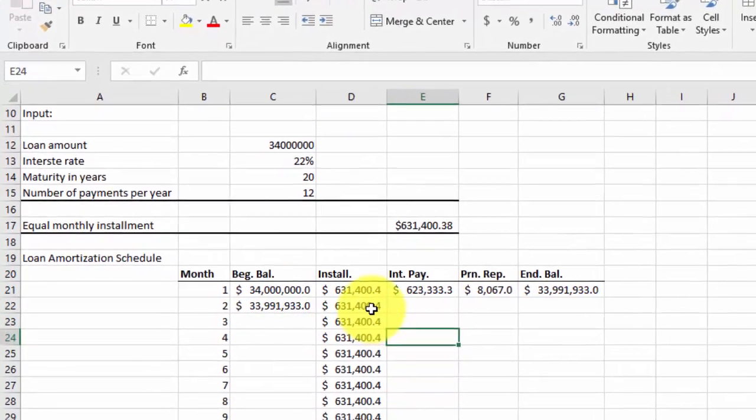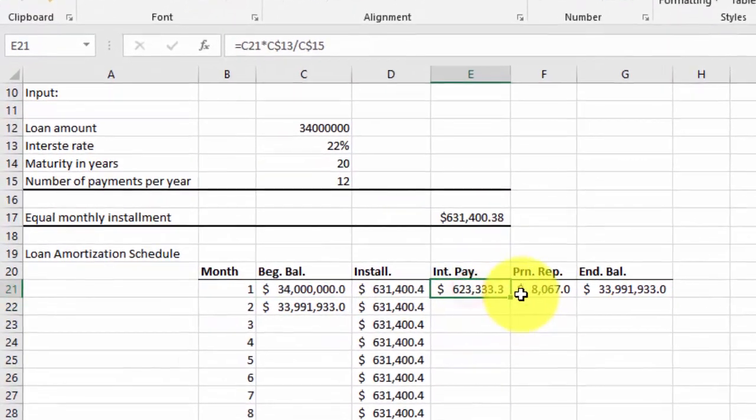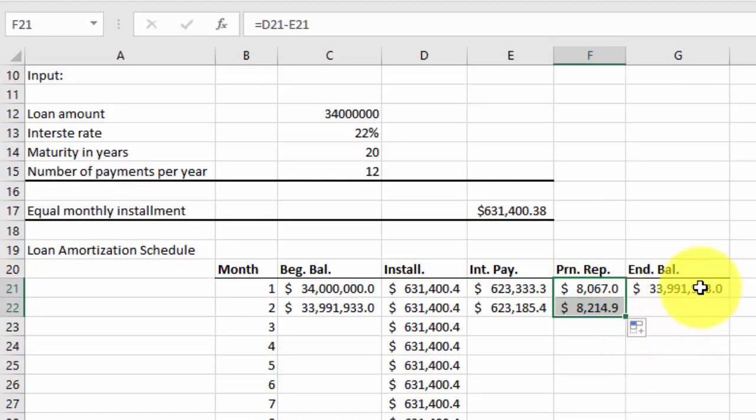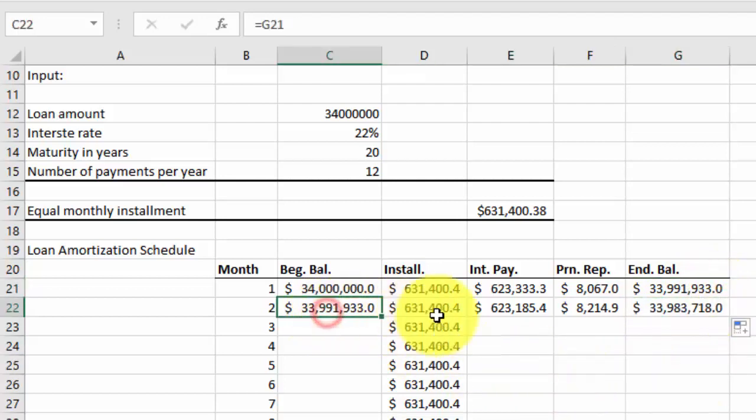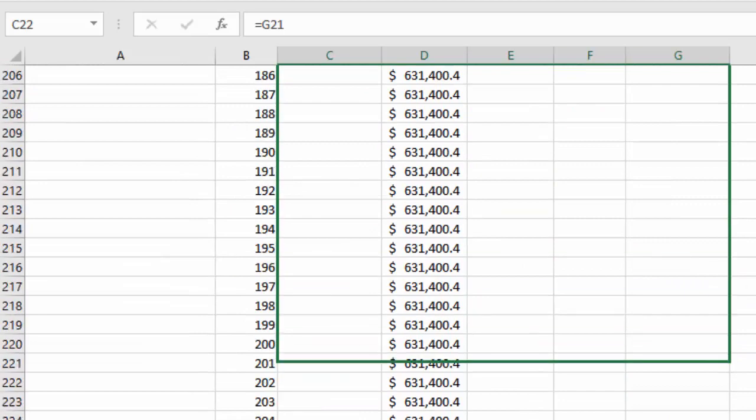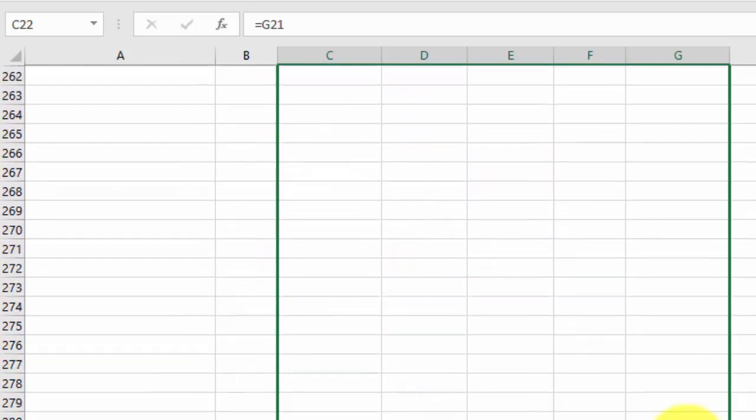Now we just copy the cells for the second month, also the ending balance. Now we have got the entries for the second month, and from the second month we drag it until the 240th month.